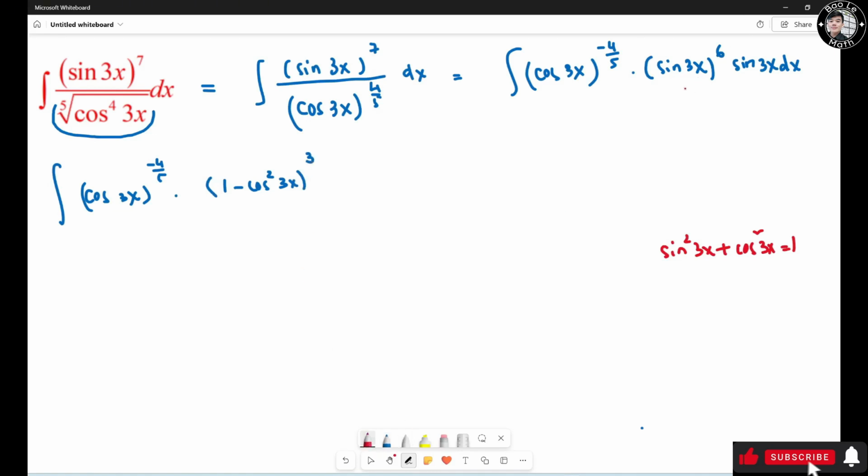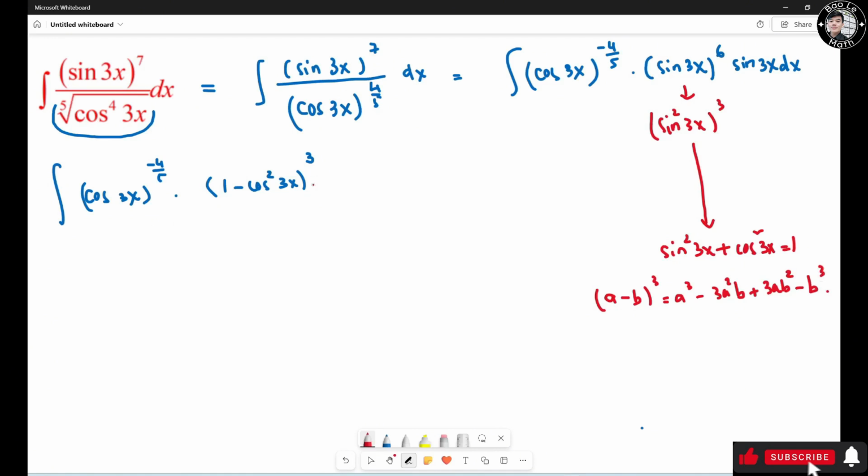Because this one right here, I can rewrite as sine of 3s square altogether raised to the power of 3. So I can apply this formula right here. Now I have another formula, a minus b altogether cube. It's going to be a cube minus 3a square b plus 3ab square minus b cube, right?